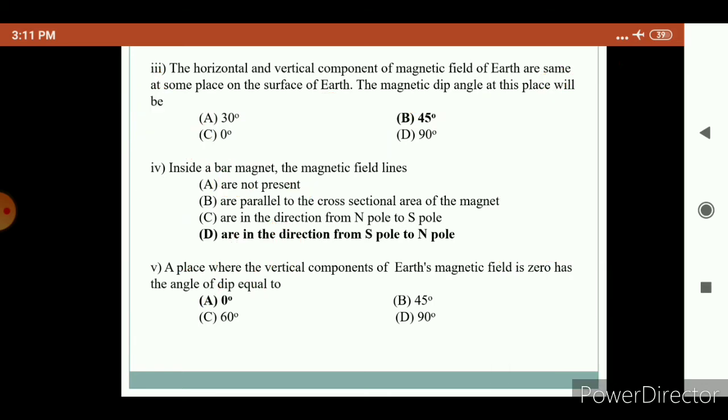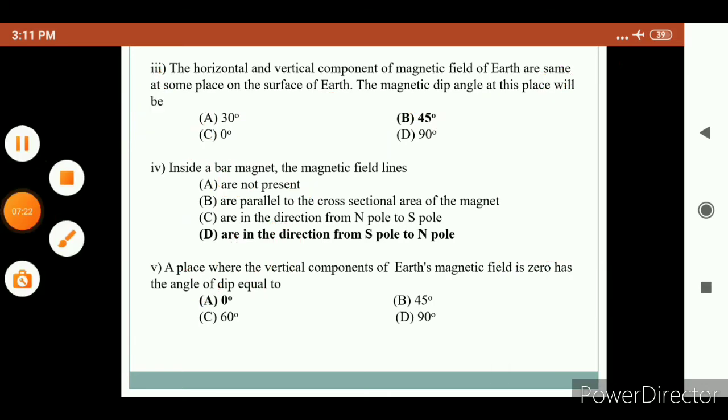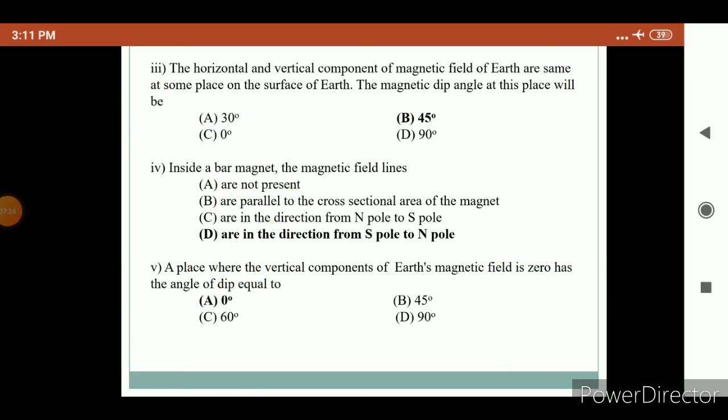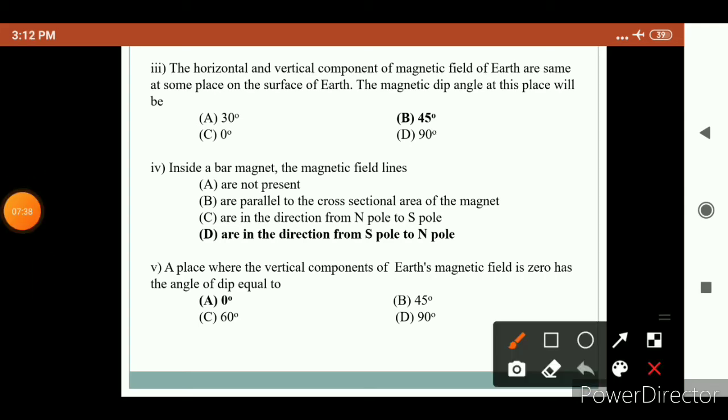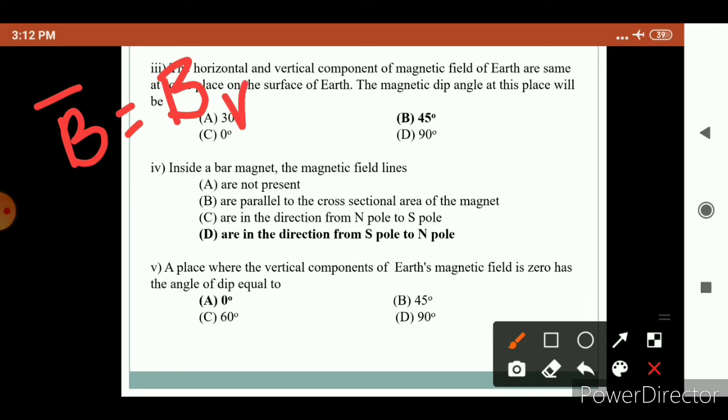In another case they have given, second case, it is at the magnetic south pole. First we have studied the north pole, and now second case, at the magnetic south pole, B is equal to BV.